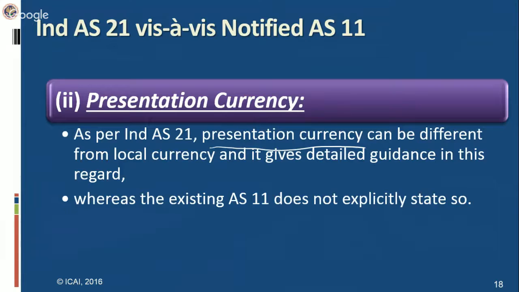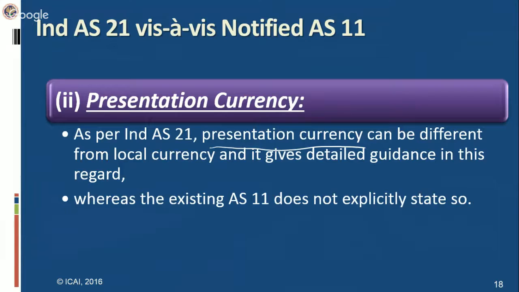There are three types of currency dealt with under Ind AS 21: presentation currency, foreign currency, and functional currency. Presentation currency we are thorough with: it's the currency in which our financial statements are presented. A currency other than the functional currency of the entity is known as foreign currency. And what is functional currency? The currency of the primary economic environment in which our entity is operating.